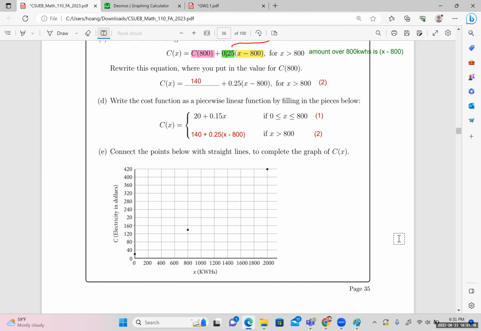Okay, so we can start with the function for C of x.